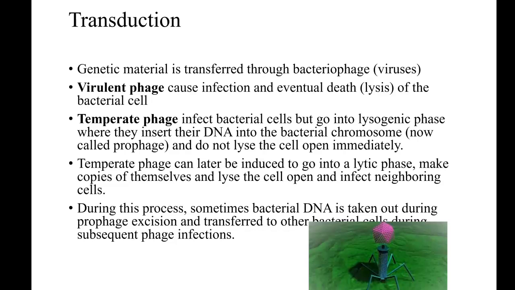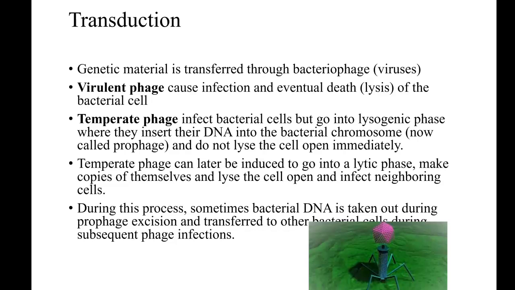A temperate phage is almost like a more modified phage, where it's not going to cause death immediately. That phage DNA is actually going to be incorporated into that bacterial chromosome. That's when we call it a prophage. It's just going to hang out there for many, many generations. It's not going to kill that cell right away. Bacteria has no idea that it's there.